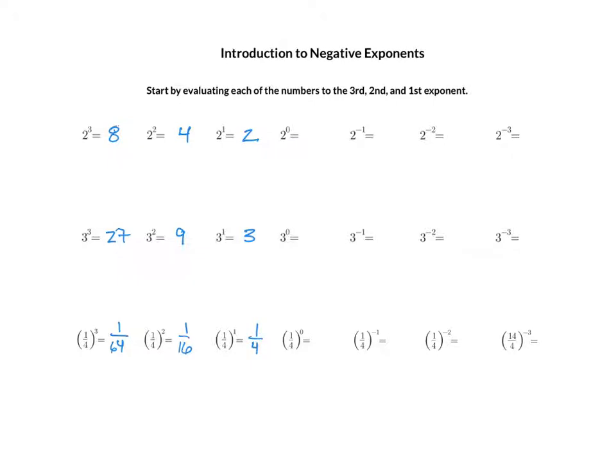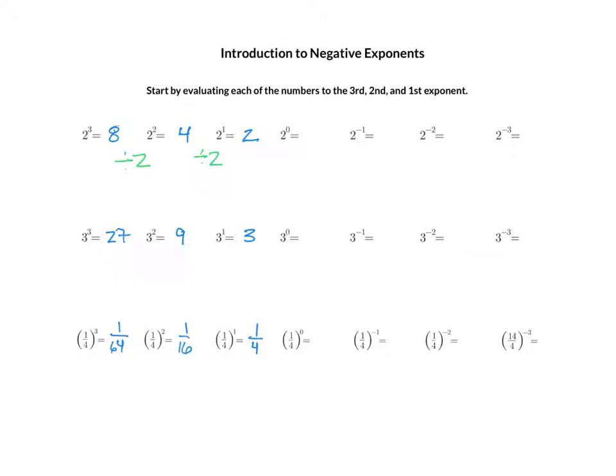Now let's go ahead and see what we can do in order to get zero exponents and negative exponents. If you notice in each table, what we are doing, for instance on the 2 and 3, is dividing by 2. To get from 8 to 4, we divide by 2. From 4 to 2, we divide by 2. And therefore, that's the pattern that we want to keep continuing.